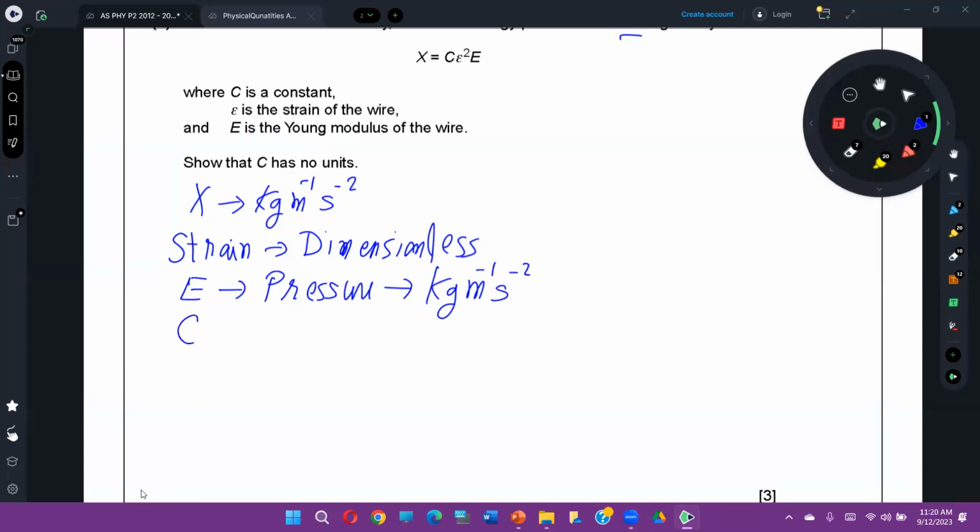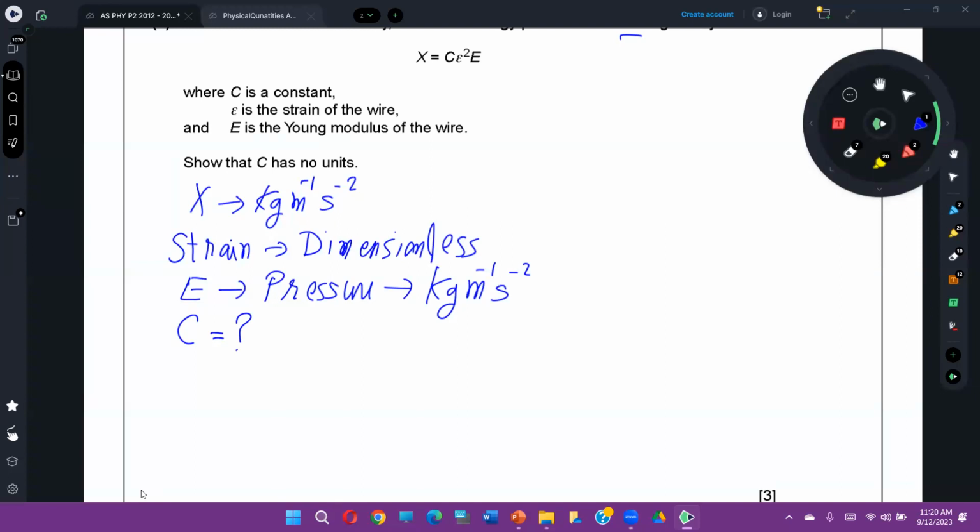And what is our target? C. Dimensionless means it has no unit, just like C; the question says prove that C is dimensionless.